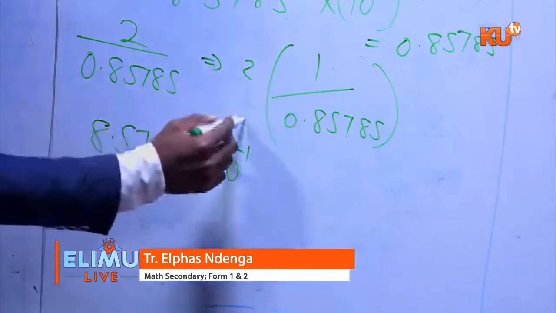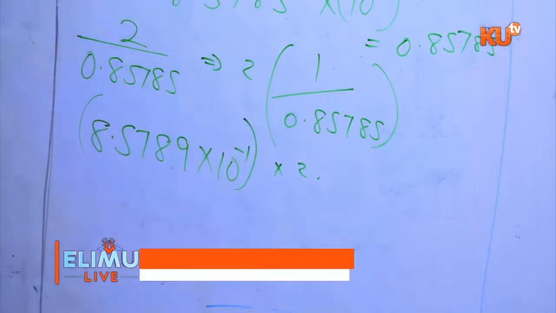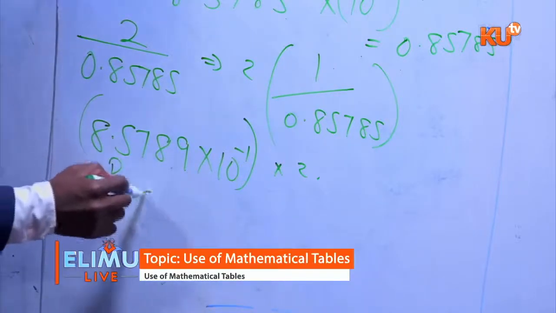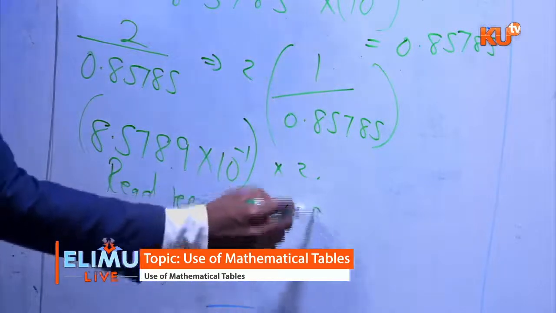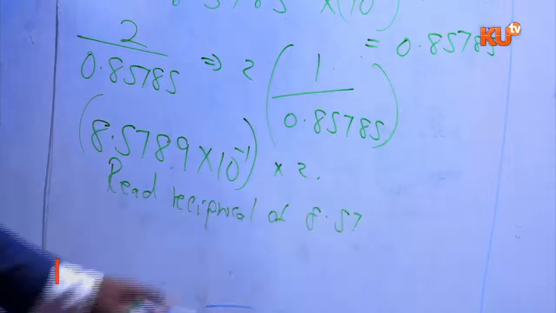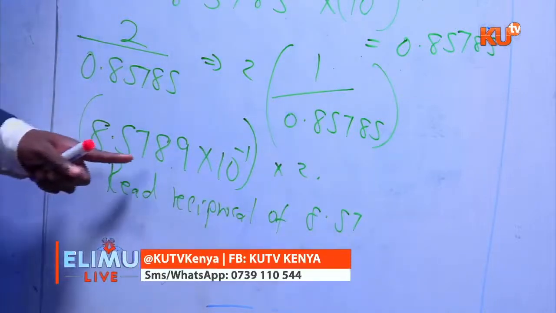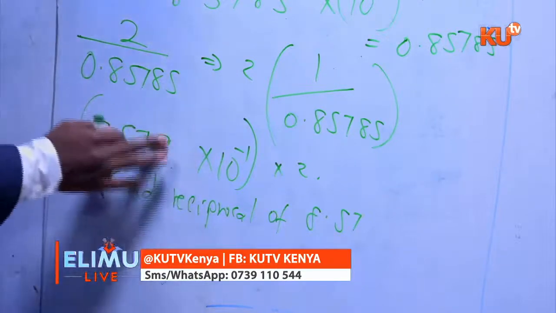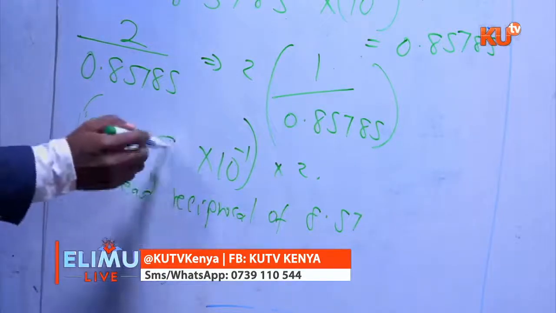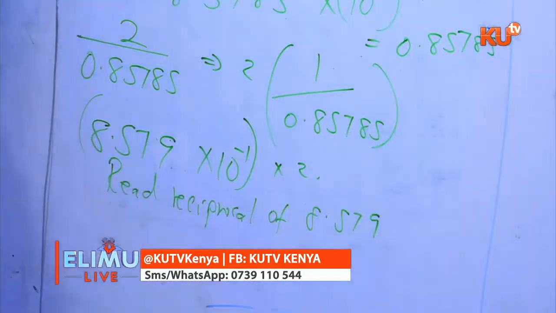Then the solution that we get, we will multiply this one by 2. So we read the reciprocal of 8.579 from tables.